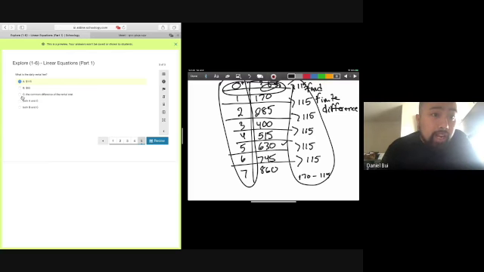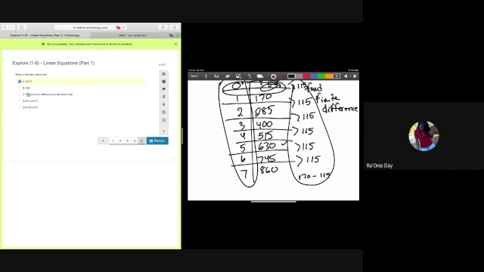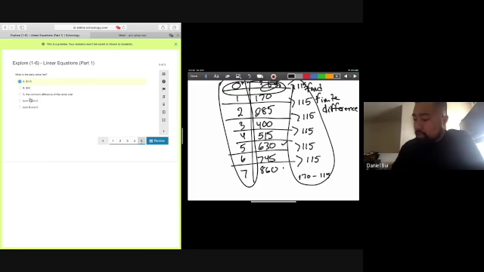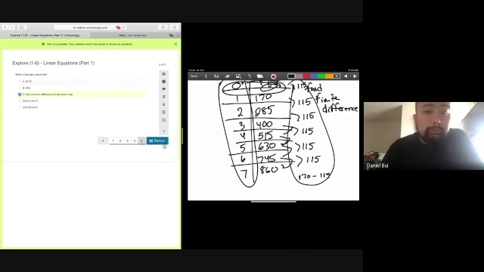So you can take out B and C, right? So let's look at both A and C. It says the common difference of the rental cost. Could that get you that too? It can, because that's what we did, right? We did the common difference of the rental to get there. So I would put the answer at C because it could be both. And you are absolutely right to think for sure it's 115.